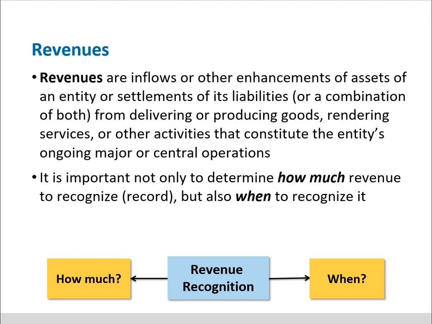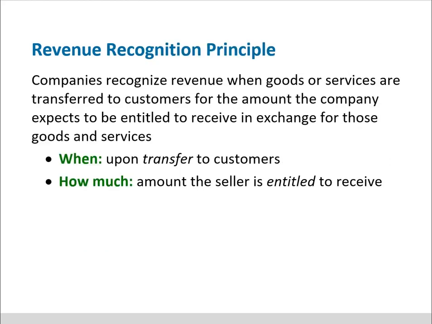Companies need to not only be able to determine the proper amount of revenue to recognize, but they have to get that timing correct. They have to record their revenue in the correct financial statement period. What you're looking at here is a pretty new revenue recognition principle.